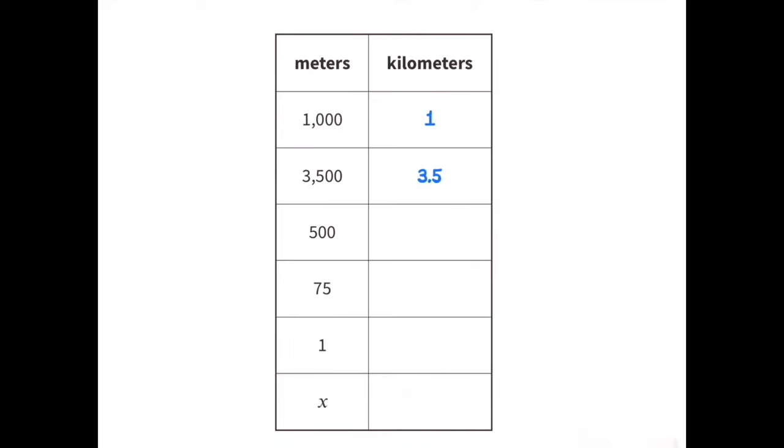500 is half of 1,000, so if 1,000 meters equals 1 kilometer, then 500 meters would equal half a kilometer, or 5/10 of a kilometer. I'm noticing a pattern. The decimal point is being moved to the left 3 places to make that value 1,000 times smaller. 75 meters equals 75 thousandths of a kilometer, and 1 meter equals 1,000ths of a kilometer, and x meters equals 1,000ths times x kilometers.